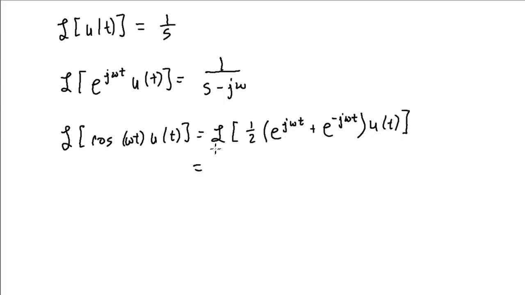And so that's going to be equal to 1/2 times 1 over s minus j omega, that's the Laplace transform of e to the j omega t, and then I'll also have 1/2 times 1 over s plus j omega.